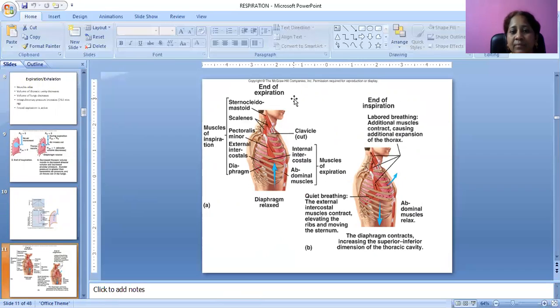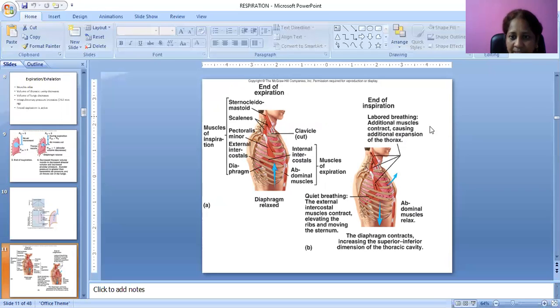In this, what happens? This is the intercostal muscles. We can see the sternum. End of expiration, muscles of inspiration: pectoralis minor, external intercostal muscle, diaphragm. This is the diaphragm.